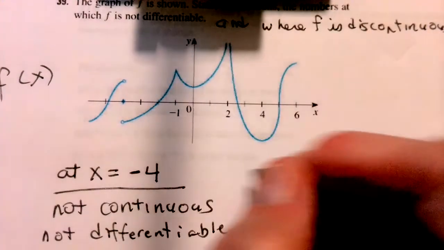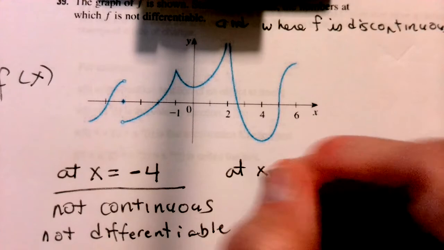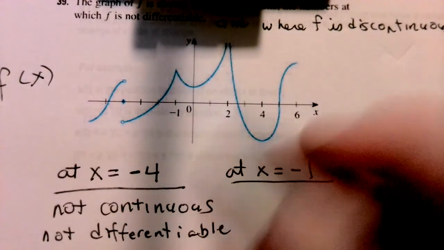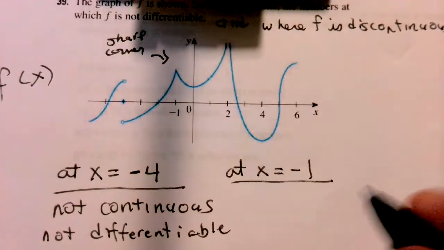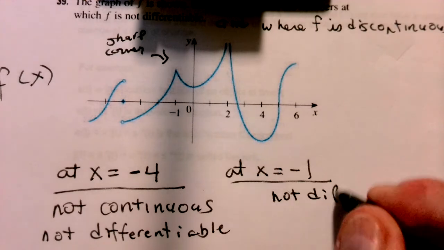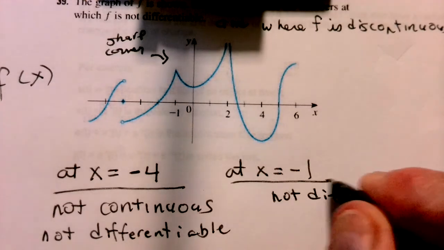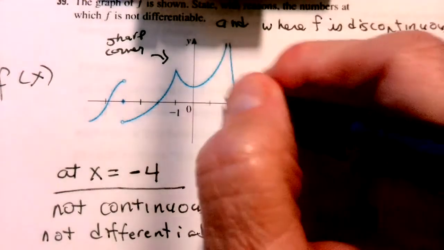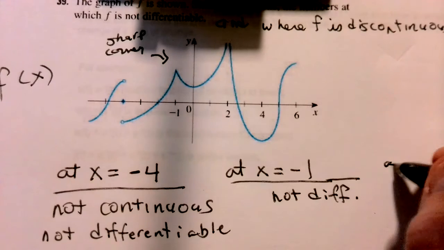Okay, and then the next place we come to is x equal -1. The next place where we have something going on, there's a sharp corner right there. Okay, so that means at x equal -1, it's not differentiable. And I'm just going to abbreviate here. Okay, and then the next place that something's going on is here at x equal 2.